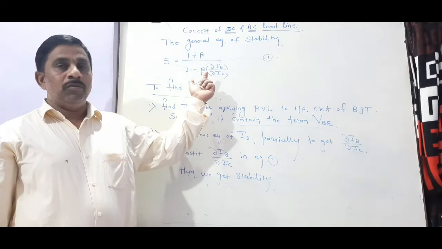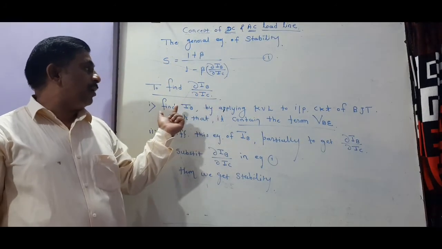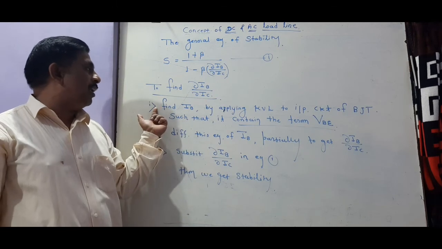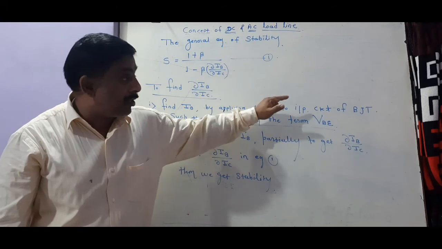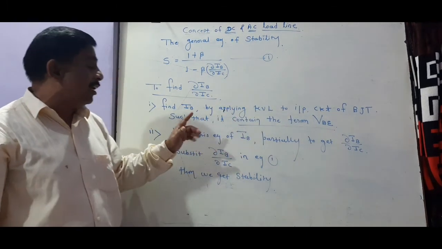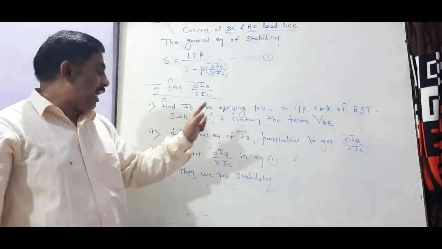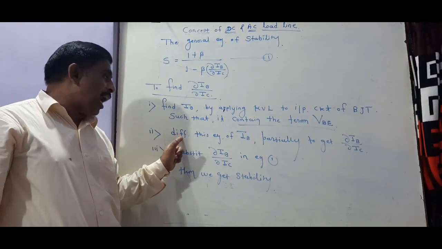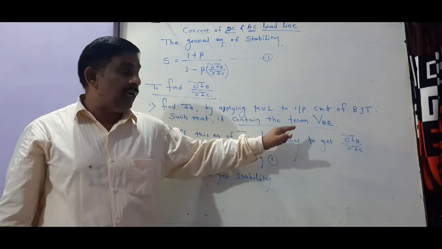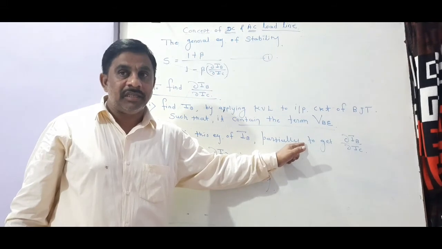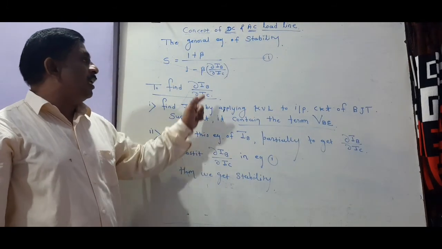To find it, the first rule is to find the value of IB by applying KVL to the input circuit of the BJT such that it contains the term VBE. Second, after getting IB, differentiate this equation partially to get delta IB upon delta IC and substitute this value in the general equation of stability.